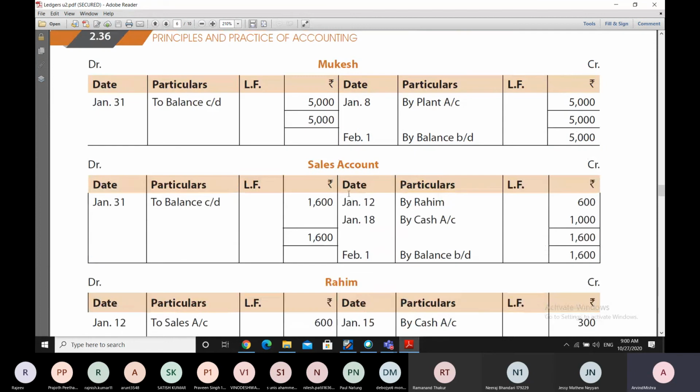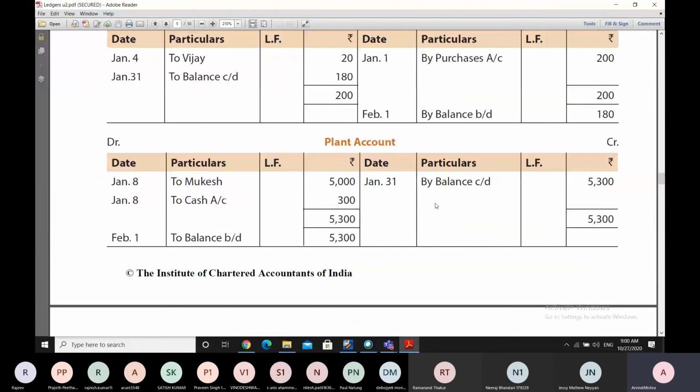Here we have the sale account, and on January 12 we see that a sale is being made to Rahim for 600 rupees and the corresponding entry will go. So the sale account is credited for 600 and Rahim is being debited here for 600, and therefore the reference entry is made in the name of Rahim. So the Rahim account is going to be debited for this corresponding credit entry, this 600 rupees sale made to Rahim.